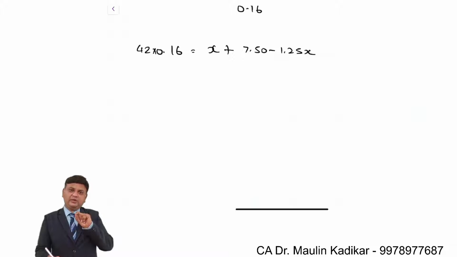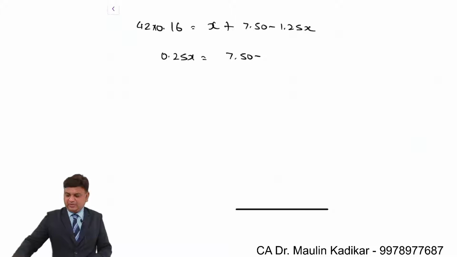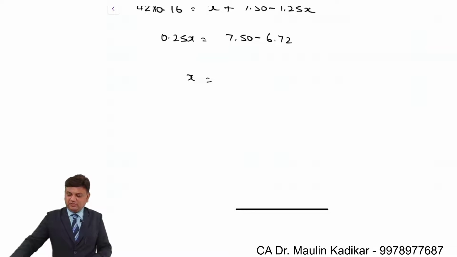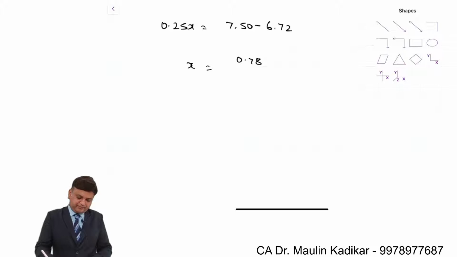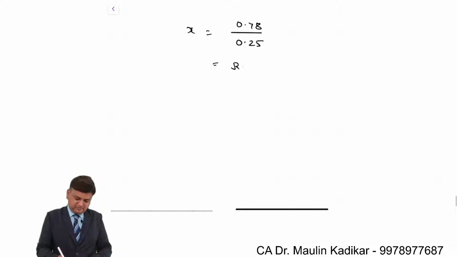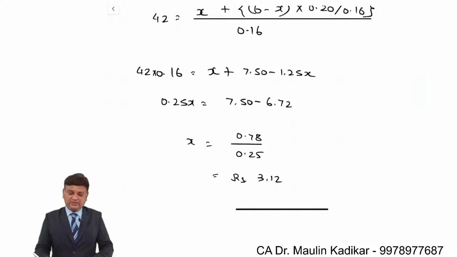So x minus 1.25x is negative 0.25x, transferred to the opposite side, and it will become positive. 7.5 minus 42 into 0.16, that is 6 rupees 72 paise. X is equal to 6.72 deducted from 7.5, that comes to 78 paise, divided by 0.25, and the answer comes to 3 rupee 12 paise. That is the way the dividend per share is calculated, 3 rupee 12 paise.